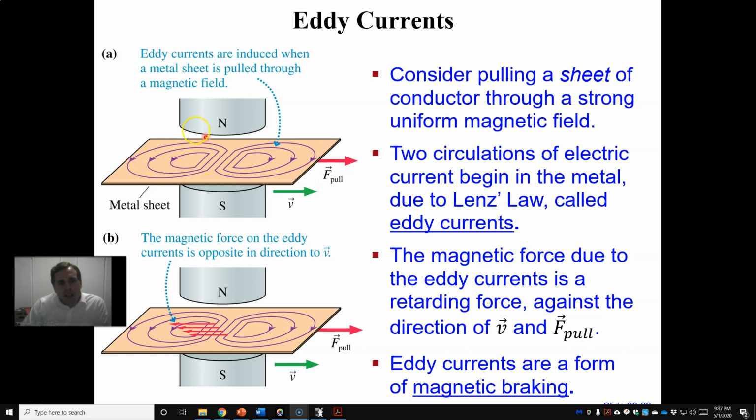Notice that over here, this part of the metal sheet had roughly more or less no magnetism on it, but now it suddenly has a south to north going that way. Well, it's going to also produce its own magnetic field to resist the change. Okay, so again, I should have actually said the magnetic field lines are going to go out of north into south.